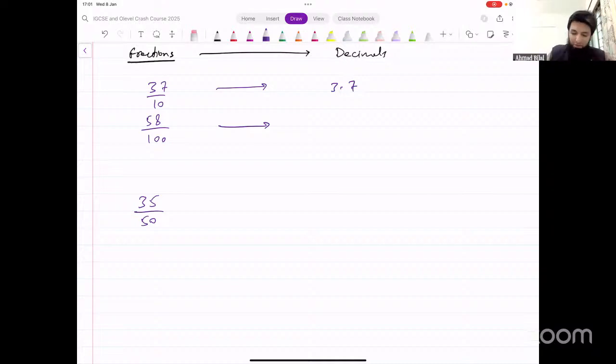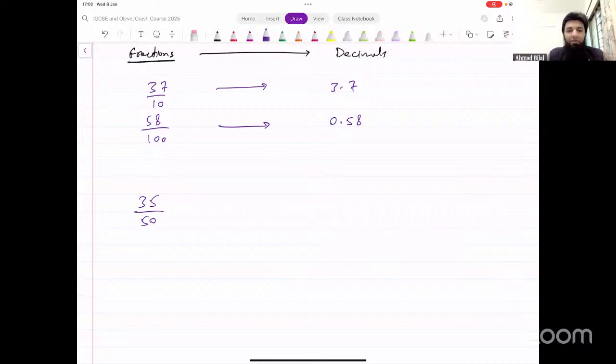2 zeros, you're going to have 2 decimal places there. So 1 and 2, this is where the decimal is going to come, and that's 0.58. Okay. Now, both of these divisions were simple. Why? Because the denominator was 10 and 100, right?